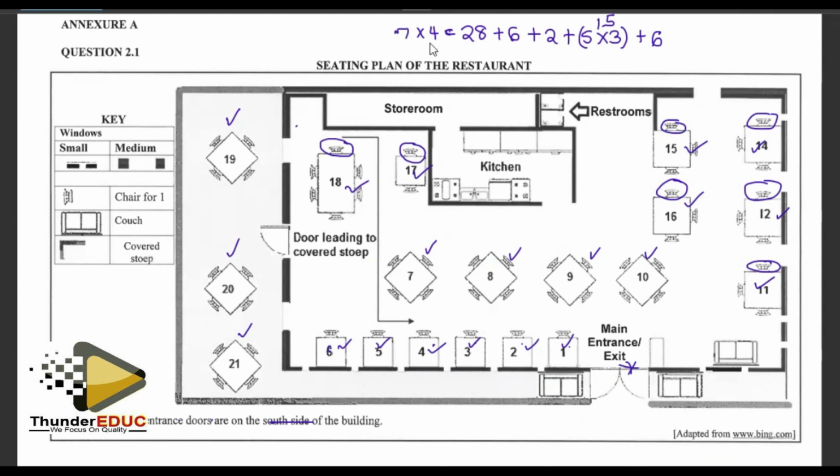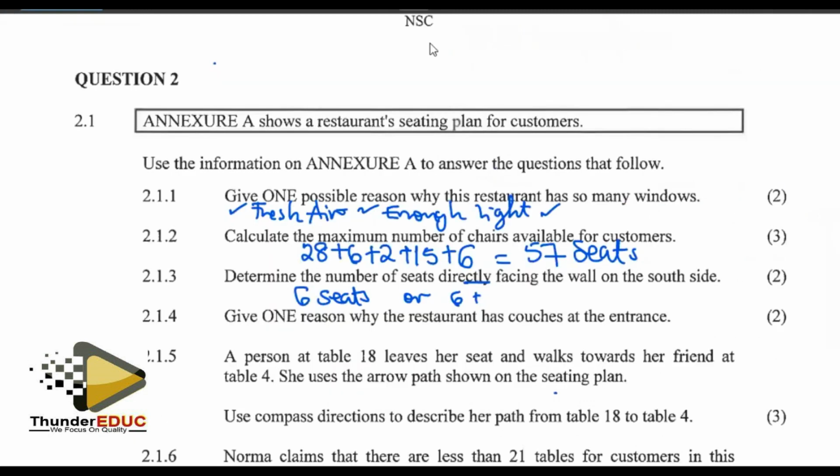They are all facing the south directly. Not these ones, because this is diagonal. We can't count these, but these ones are directly facing. So I believe also that one who says 13 chairs is fine because we are adding all those 7.